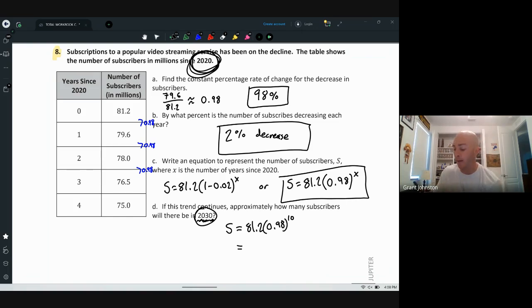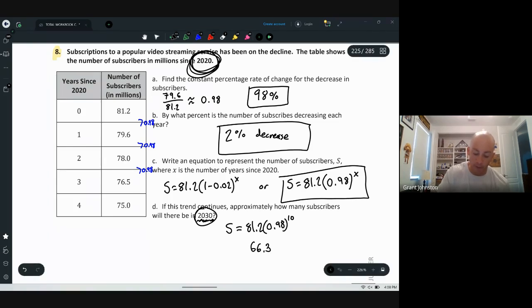So 0.98 to the power of 10, do that on my calculator. Take that and multiply it by the 81.2. And rounding, I got approximately 66.3. And don't forget, we're talking about millions of subscribers.